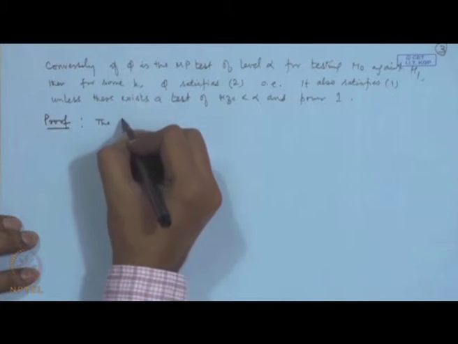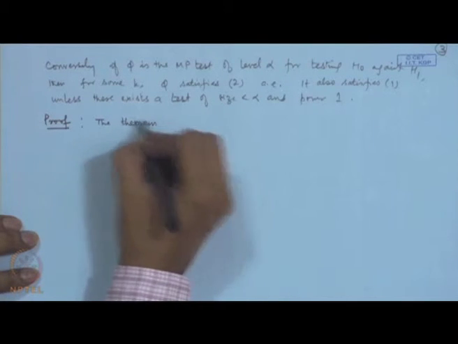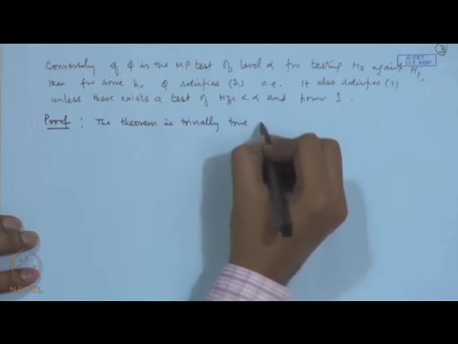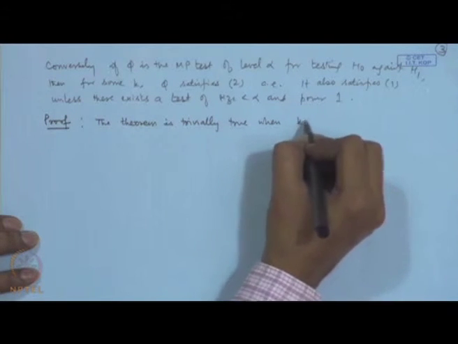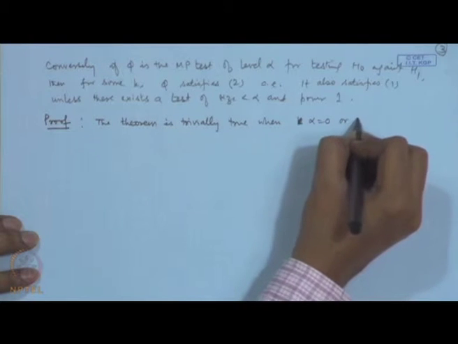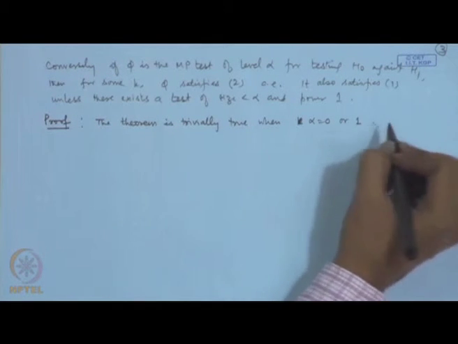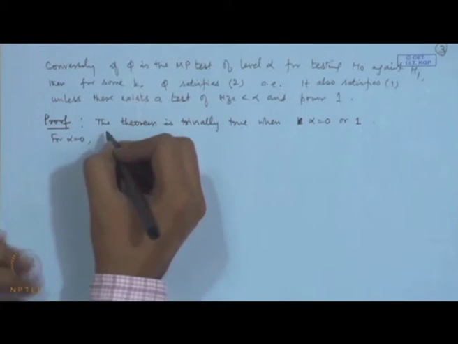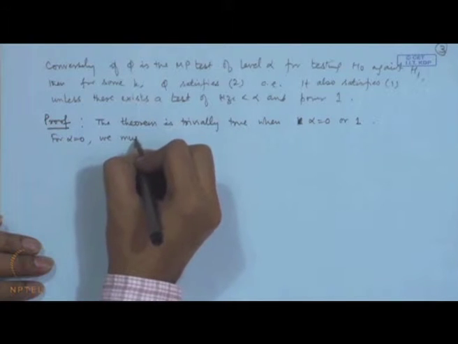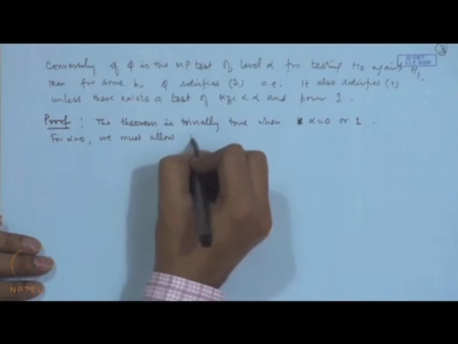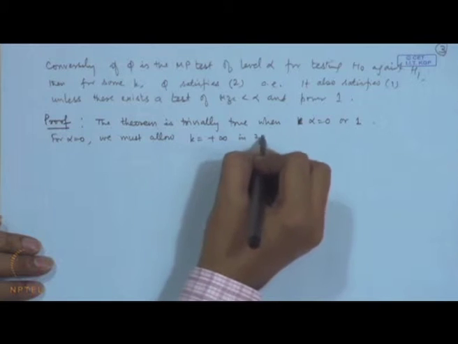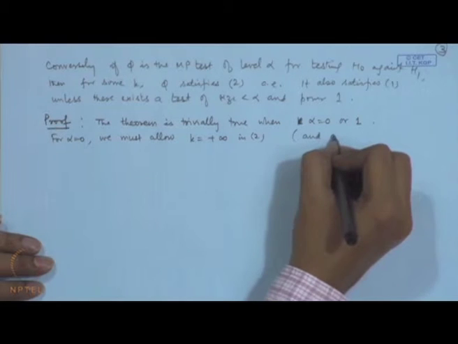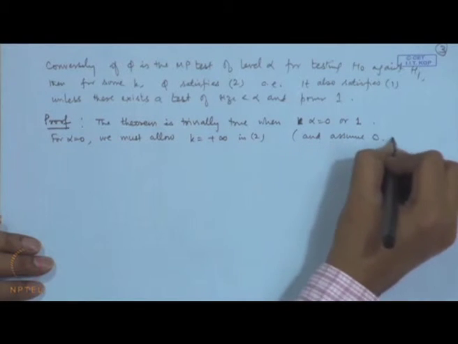The theorem is trivially true when alpha is equal to 0 or 1. So, we are saying that for alpha is equal to 0, we must allow k is equal to plus infinity in 2, and also assume that 0 into infinity is equal to 0.